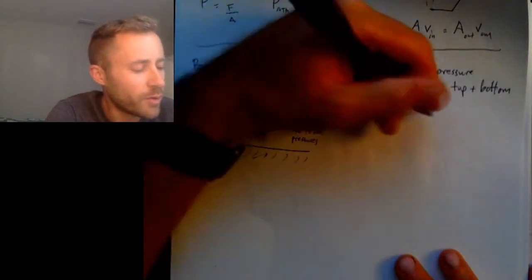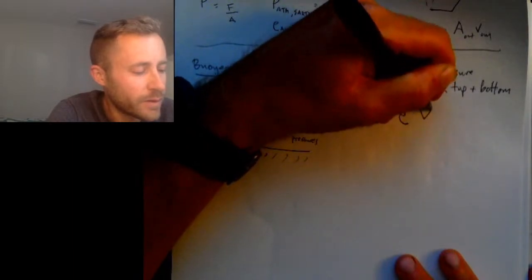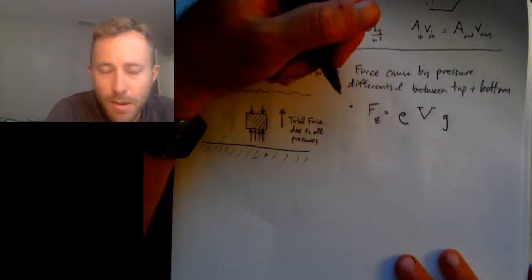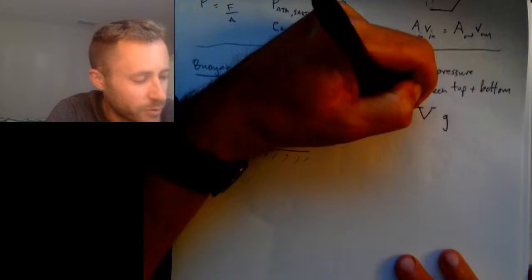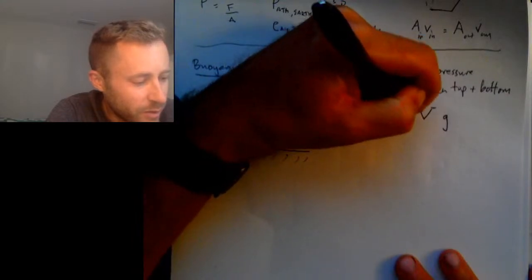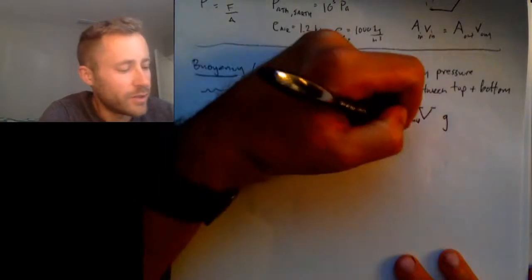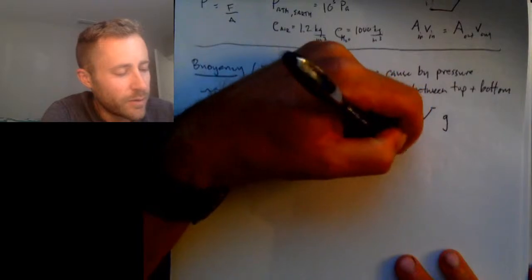The formula for the buoyant force is rho v g. Let me explain what each of these terms is. I'm going to add some subscripts. This is the density of the fluid.